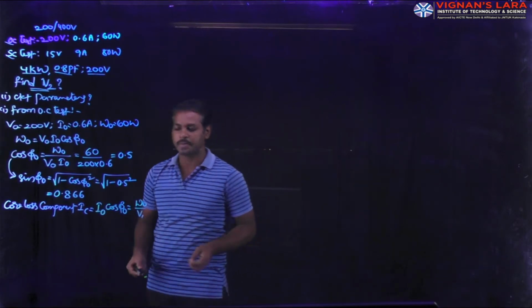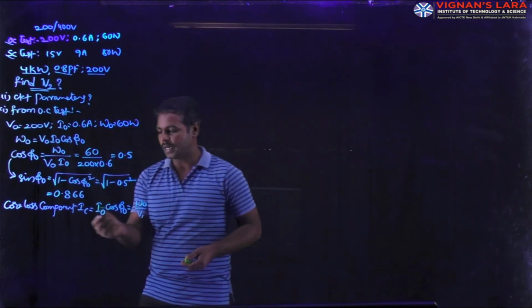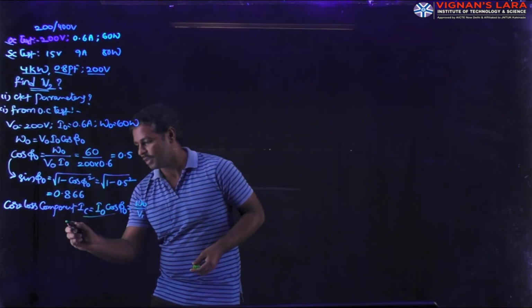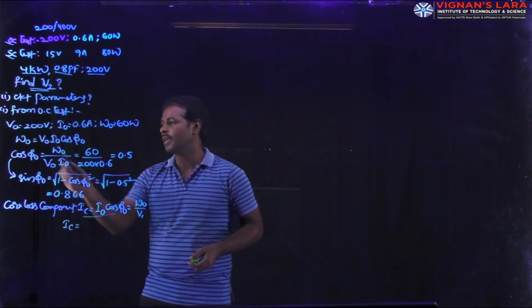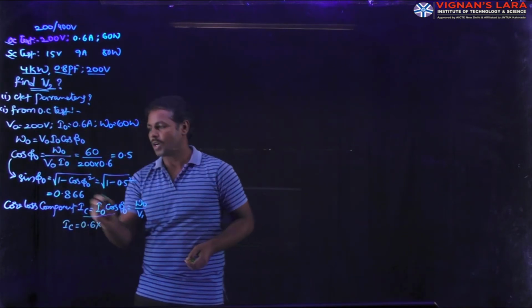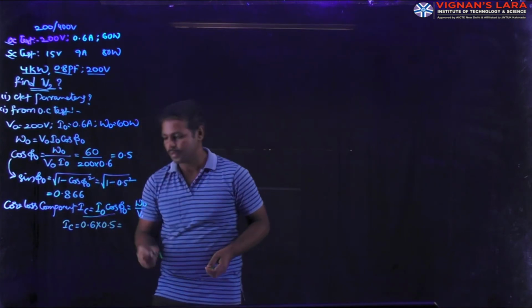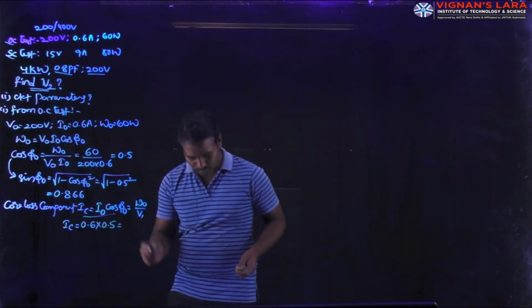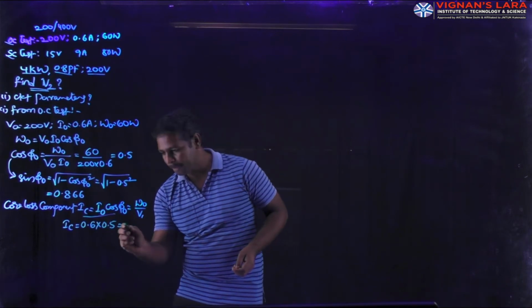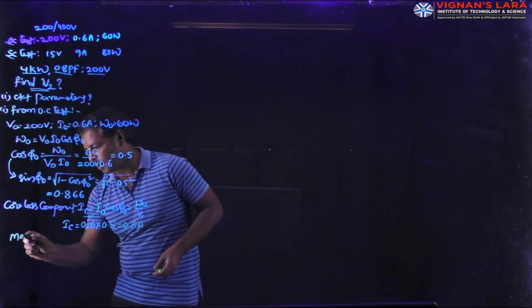Any one of the expressions can be used; generally we use this one. IC is equal to 0.6 multiplied by 0.5, which is 0.3 amperes.